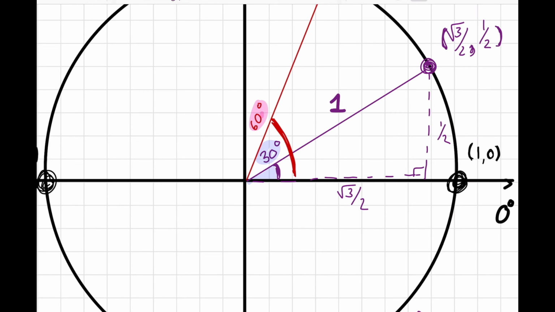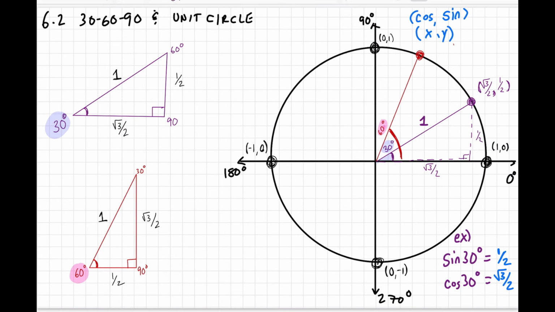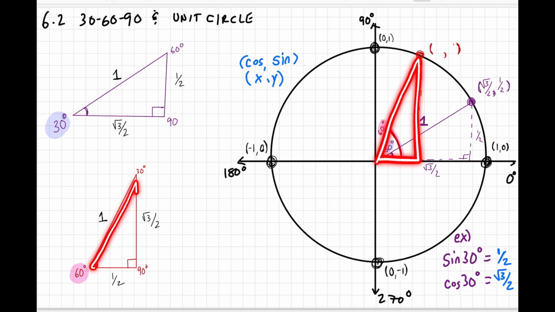Let's just forget about the purple one for now. And we've got this 60 degrees here, okay? And we want to figure out, what's the x and the y coordinate, or what are these distances, right and up, right? So we got this coordinate and we want to figure it out. And we can figure it out by imagining that special triangle, the red triangle, the 30, 60, 90, right here. So we've got our 30, 60, 90 right here, and it looks just like this one.